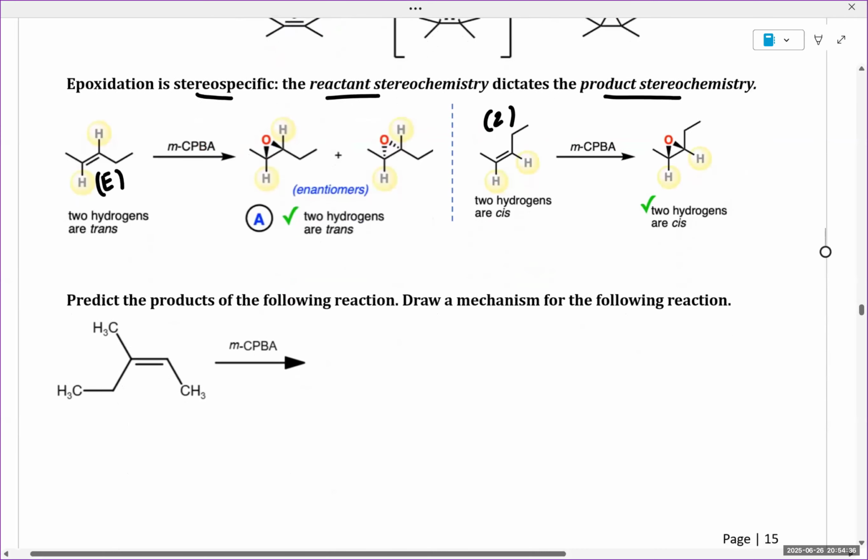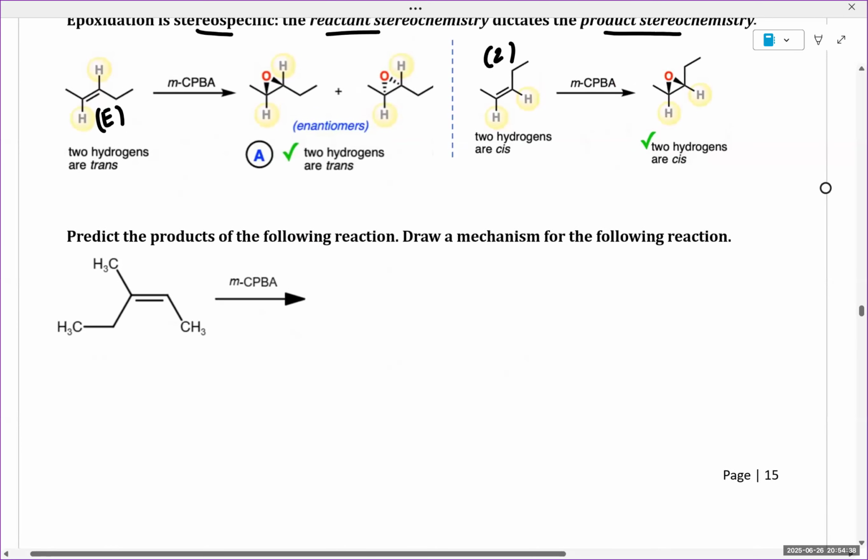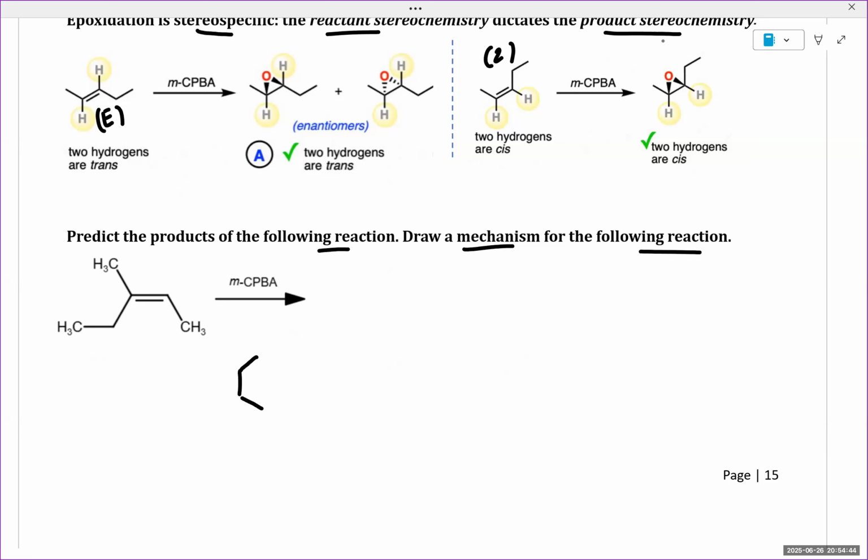So, what I want you to do now is I'd like you to predict the products of the following reaction, and I'd like you to draw a mechanism for this reaction, where MCPBA, or metachloroperoxybenzoic acid, looks something like this. The key point being is that the reactive part of the molecule that we all care about is the peroxy acid payload at the end of the molecule.